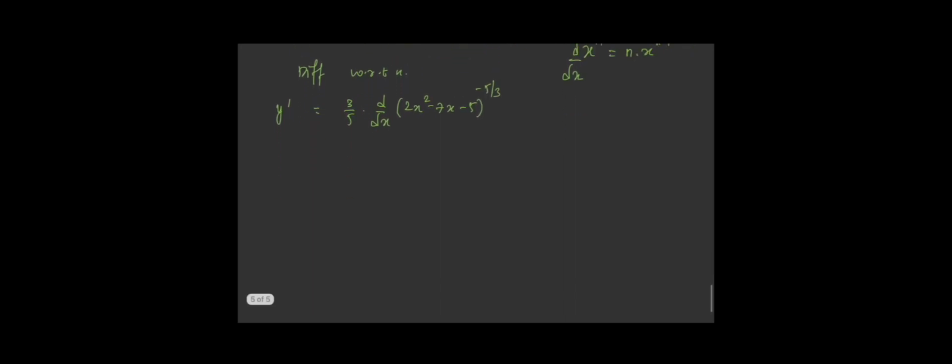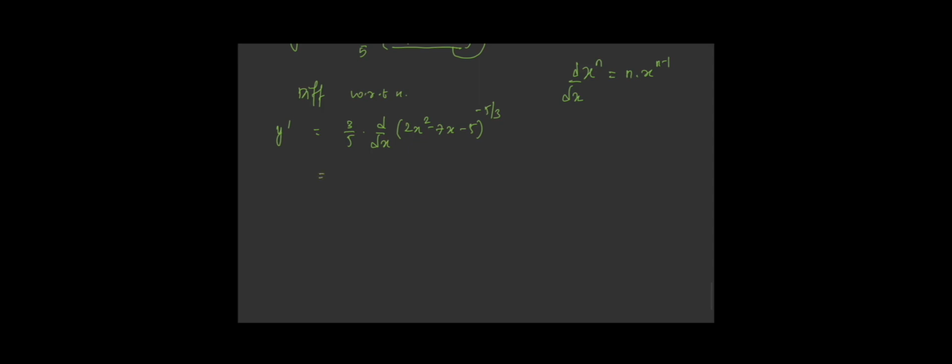Okay, so what should be our solution here? 3 by 5 will remain as it is. If you see, this is the inside function, which is our x, and we have a power, which is our constant. So we can say our differentiation will be minus 5 by 3 into x, which is 2x square minus 7x minus 5, raised to n minus 1, right?